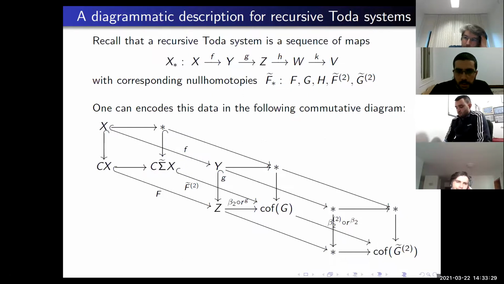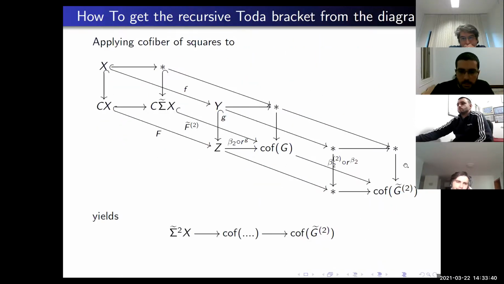But it's important to know that we can encode all the information of the null homotopies in one diagram like this. And if we apply the cofiber here, then we get the recursive Toda bracket. Okay.